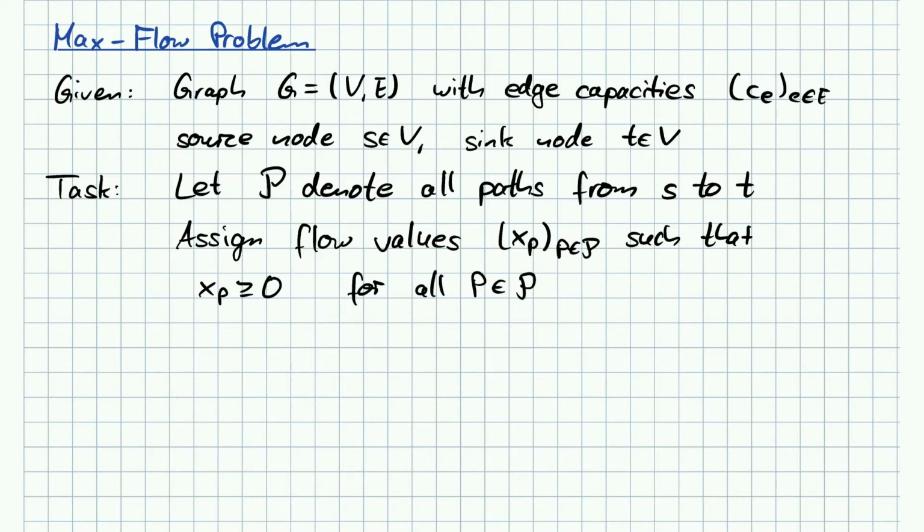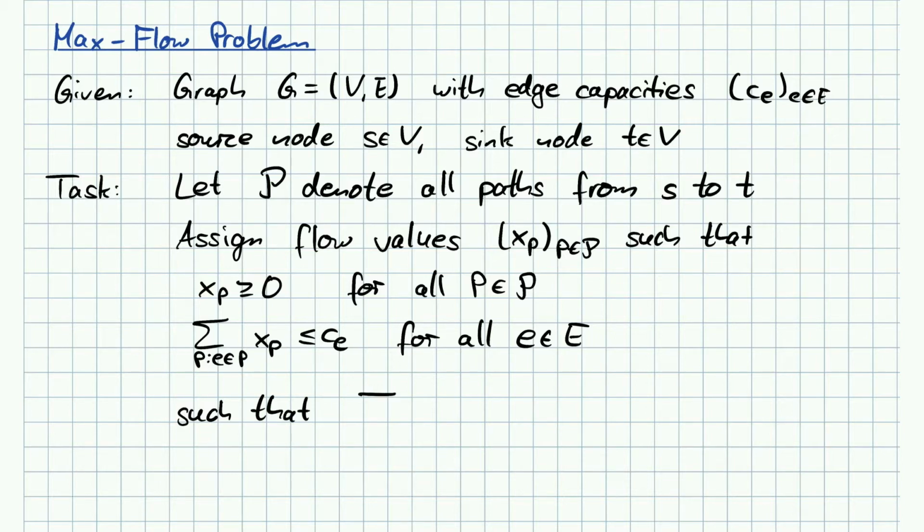Then we also need that the flow on a certain edge is no more than the capacity of this edge. And this has to be true for all edges. And we want to maximize the flow overall, so the sum of the x_p.